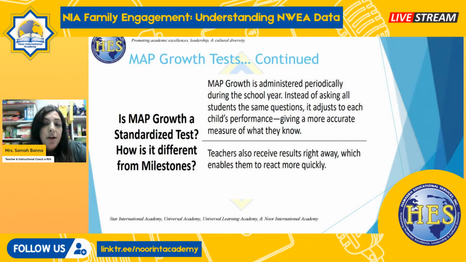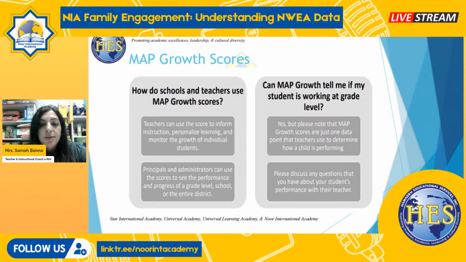And it's not like a standardized test where the students are all answering the same questions. It's adaptive. It adjusts to where they're at and how they're doing on the test. So it gives us a more accurate measure of what they know. And like I said, we get the results right away, which definitely helps us ensure that students are making progress in class.